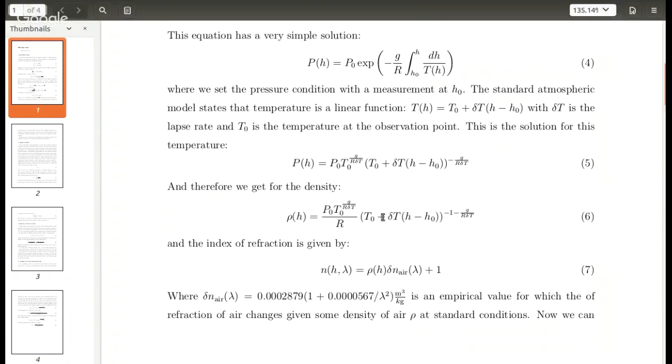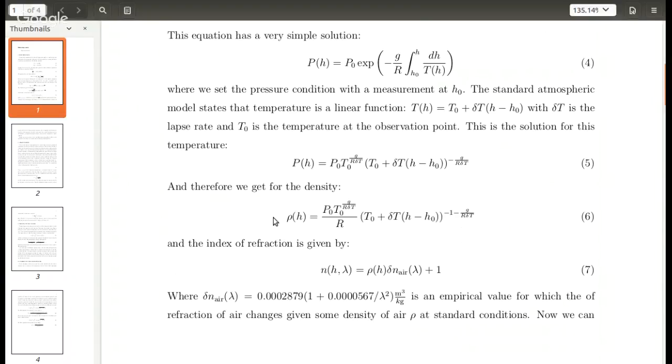It's the temperature gradient that's the most significant factor. Yes, exactly. It's not obvious from this equation, but temperature enters in the exponent. So if you change temperature a lot, because it's in the exponent, that will make this pressure change quite significantly, while the pressure itself only depends linearly on the initial pressure. And you only care about the pressure to get density, presumably.